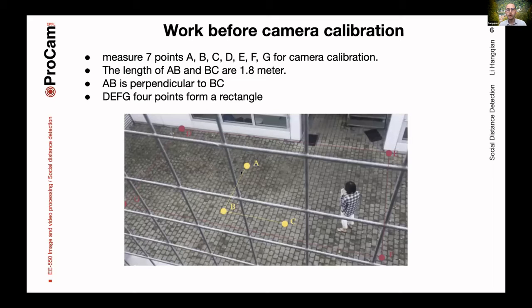First, I need to mark 7 points before shooting. The first 3 points, A, B, and C, should be perpendicular to each other, with the lengths of AB and BC both 1.8 meters. The other 4 points, D, E, F, G, should form a rectangle.